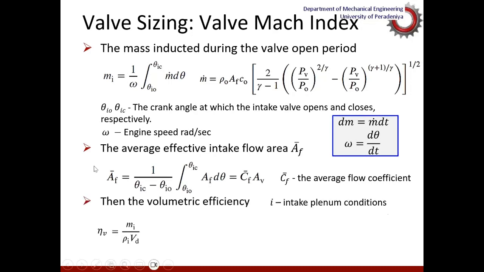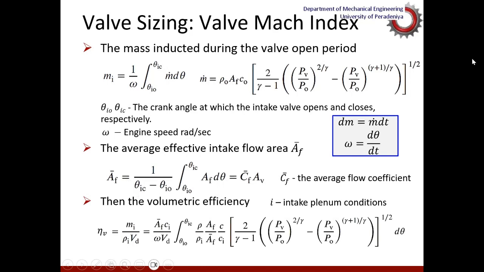And then we can represent the volumetric efficiency, which we know is mi over rho i Vd, that is displaced volume. Mi we could replace from this, and AF you could replace from this. So then we can get this relationship like this.